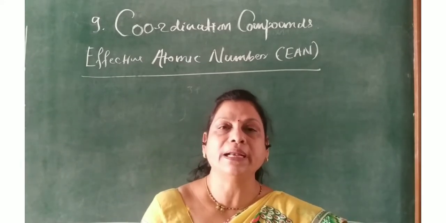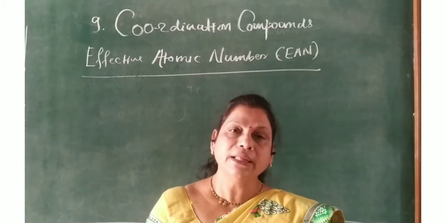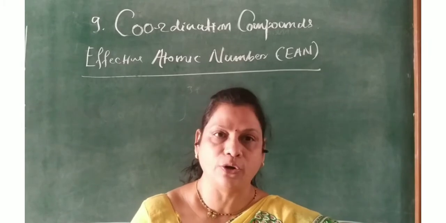The total number of electrons around the metal ion in a complex is called the effective atomic number.